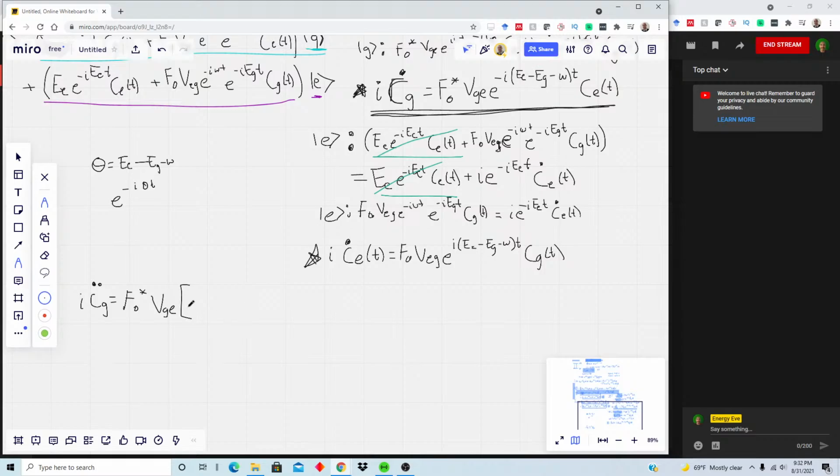Time derivative of this, minus i theta times this, plus the same term, but now we've got to take the time derivative of this.